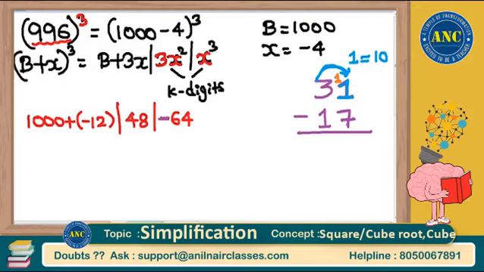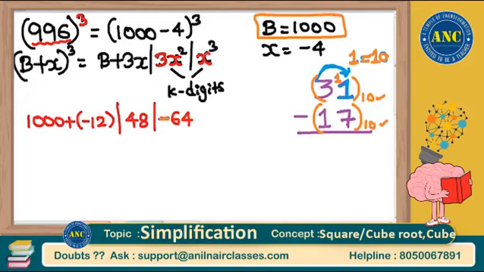Think logically again, sir. This is only because 31 is written in base system 10. 17 is also written in base system 10. That means whatever 1 rupee I am asking my neighbor, it is equivalent to asking 10 rupees because the base is given as 10 in my example. Same explanation here also. The base in my question is 1000.